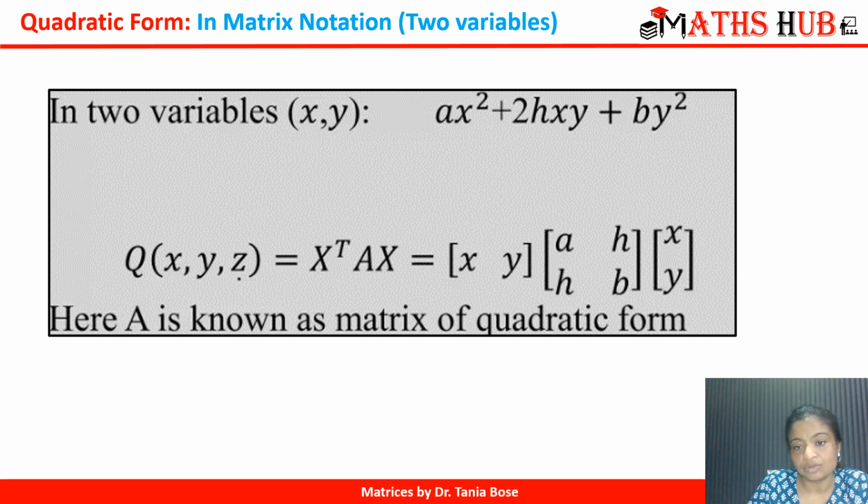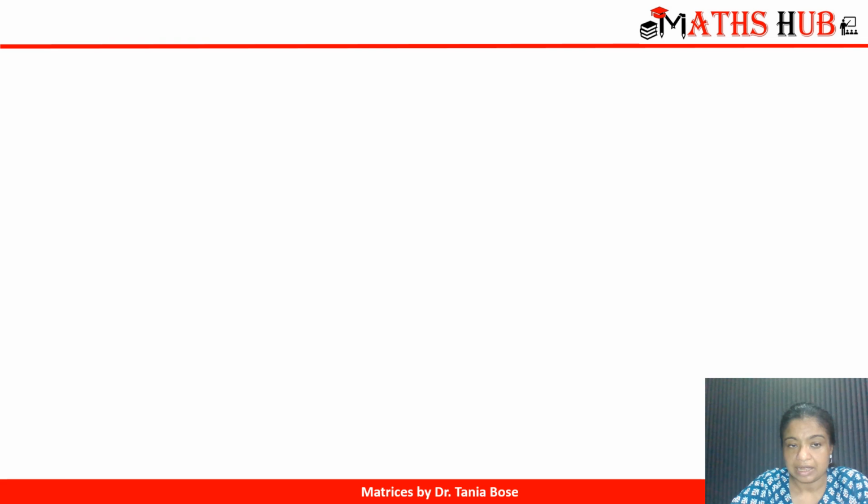And what is happening in the coefficient matrix? You can see that the diagonal positions are all the pure terms, that is x squared and y squared. We are writing a and b. And this term 2hxy has been divided into two parts, and we are writing h and h over here. Right? Now, how we are getting this matrix of quadratic form, that we will see in the next slide.